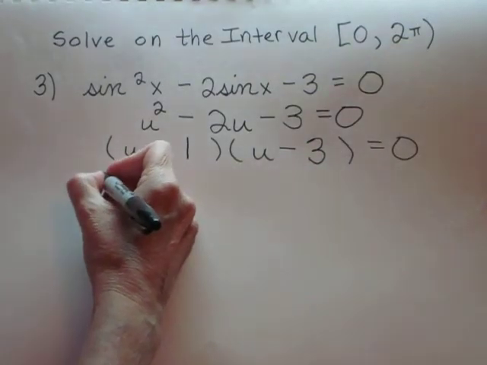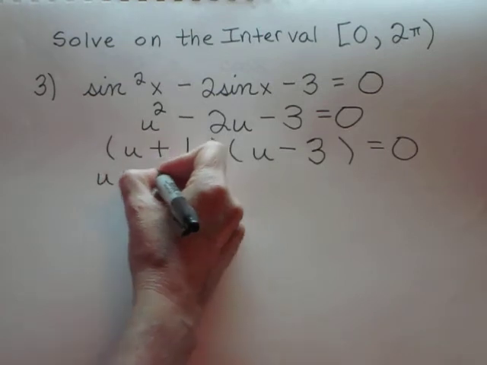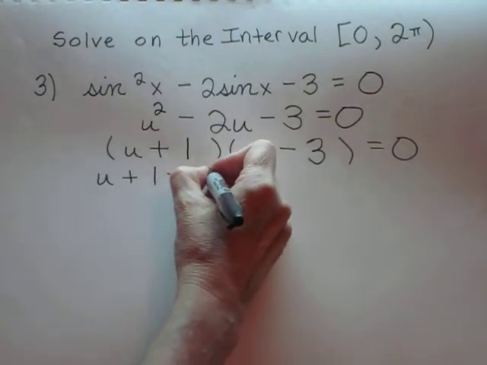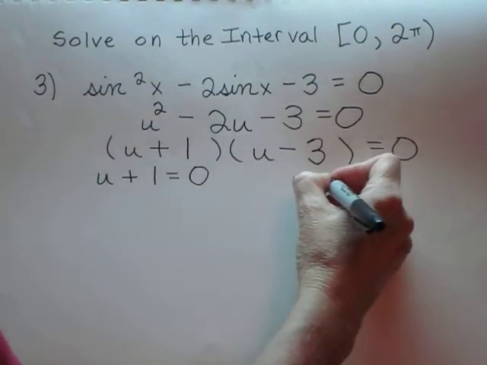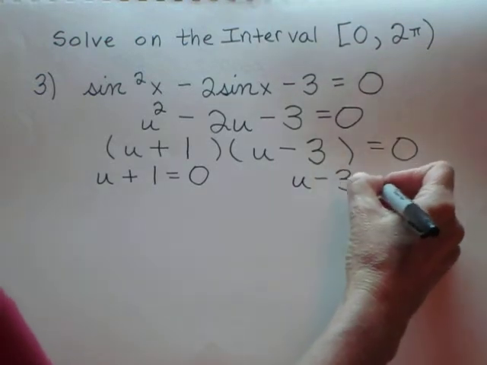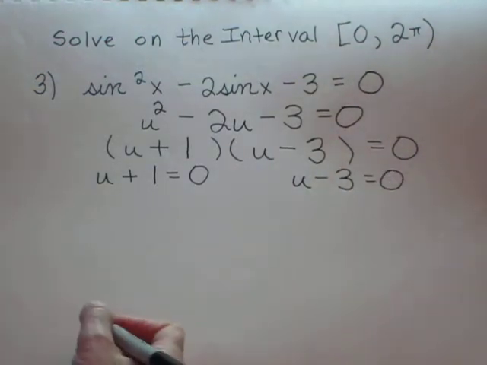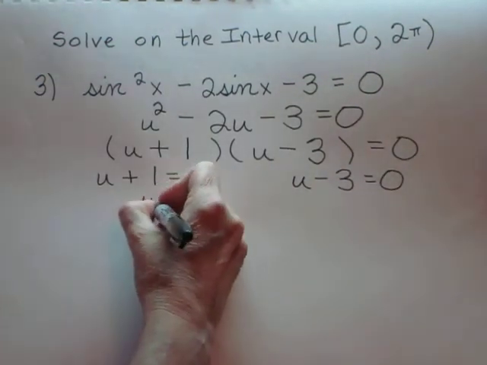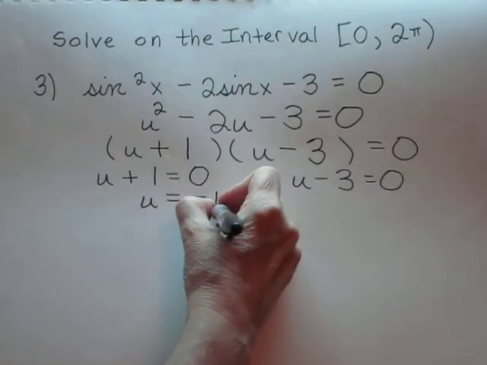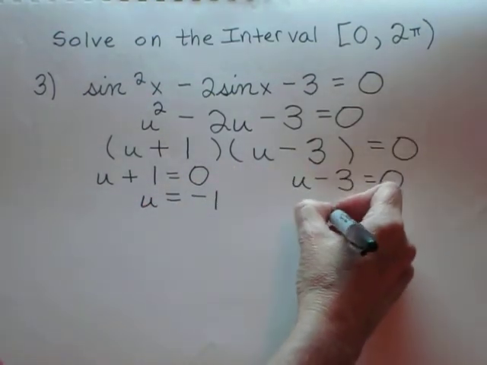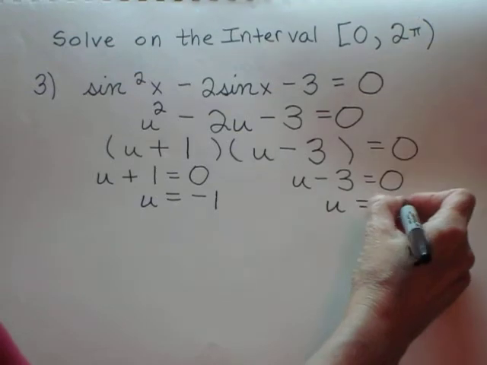So I have u plus 1 is 0 and u minus 3 is 0. u is equal to negative 1, or u is equal to a positive 3.